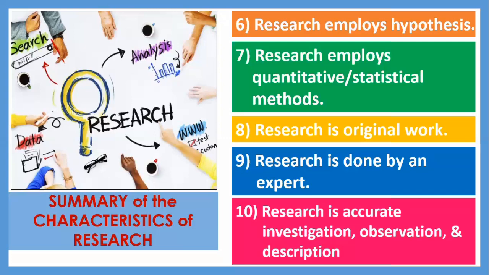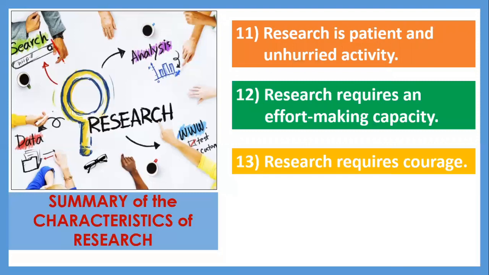And for number 11, we can tell that research is patient and unhurried activity. Like I mentioned earlier, this is to ensure accuracy. Research that is hurriedly done or conducted carelessly due to racing against time may lead to shaky conclusions and generalizations.